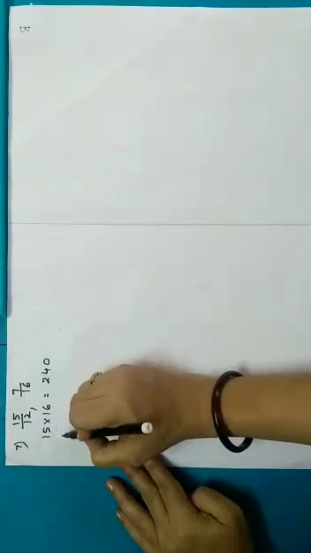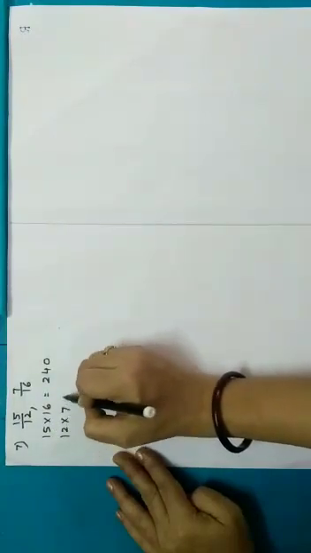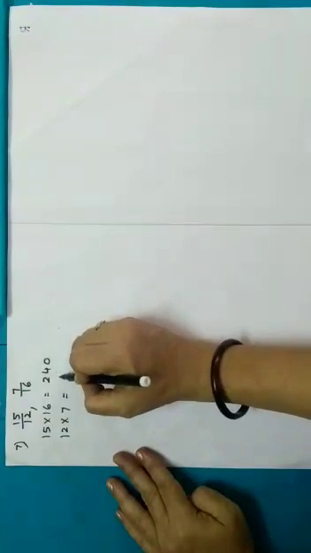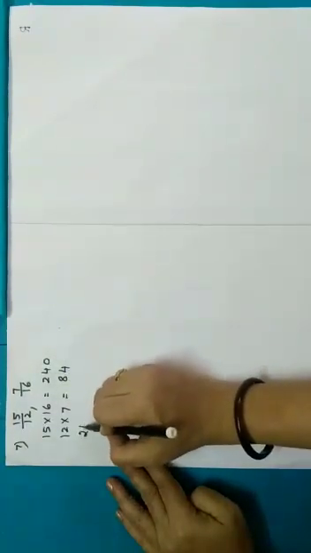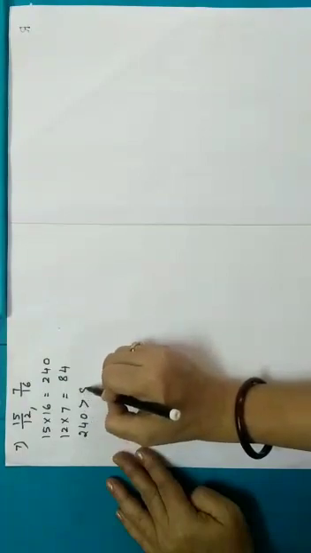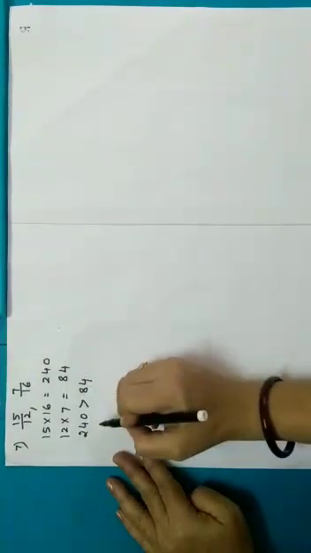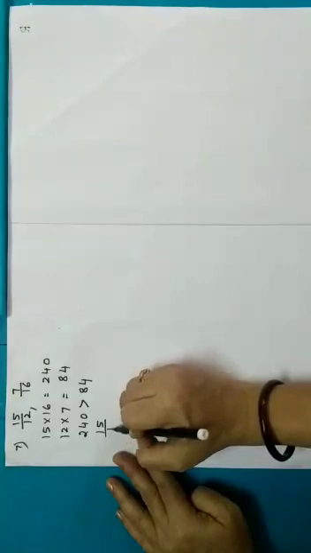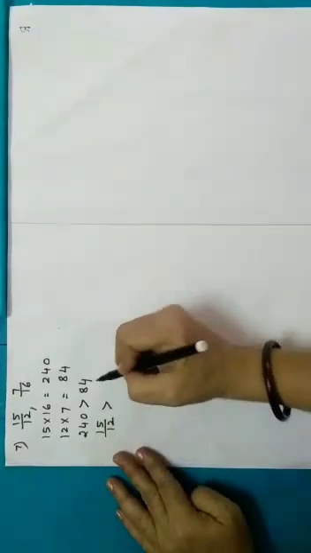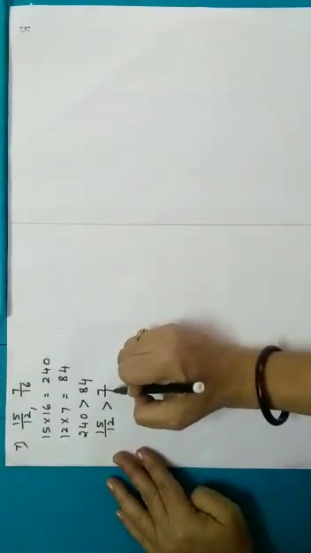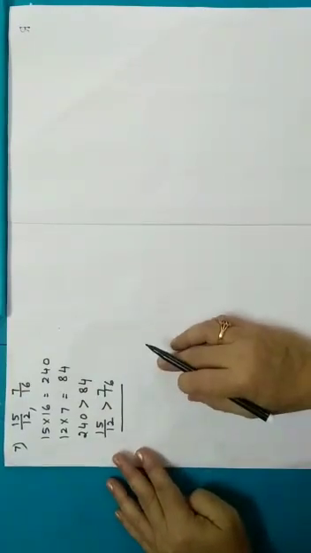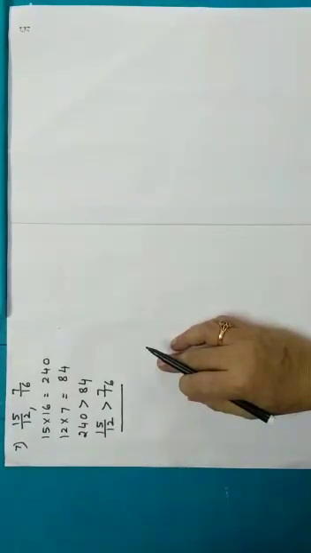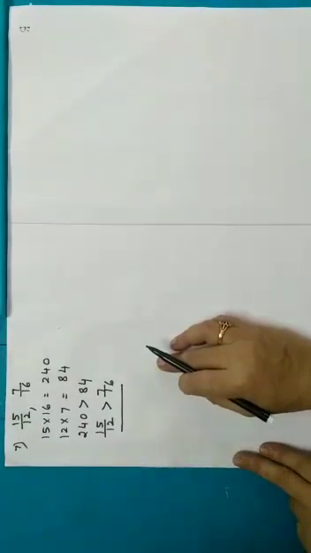And 12 into 7 is 84. Compare the products. 240 is greater than 84. That means 15 upon 12 is greater than 7 upon 16. This way we can compare rational numbers even though their denominators are different.